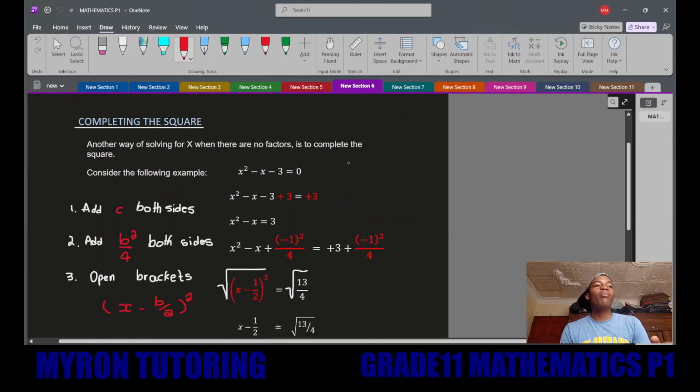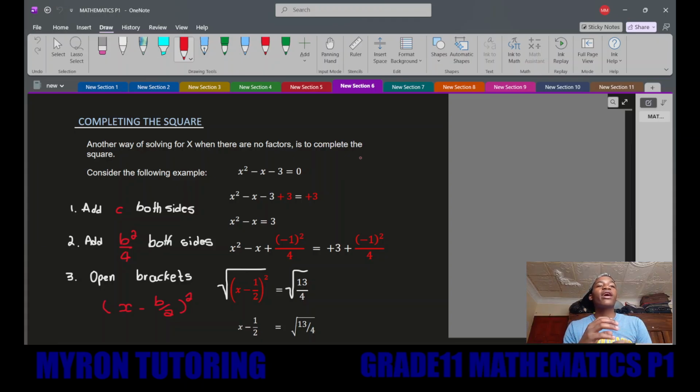Now there is completing the square. For quadratic equations where we cannot find factors, we can complete the square in order to get the answers for x. I hope you have done this in class, and if you haven't, let's go over it quickly.